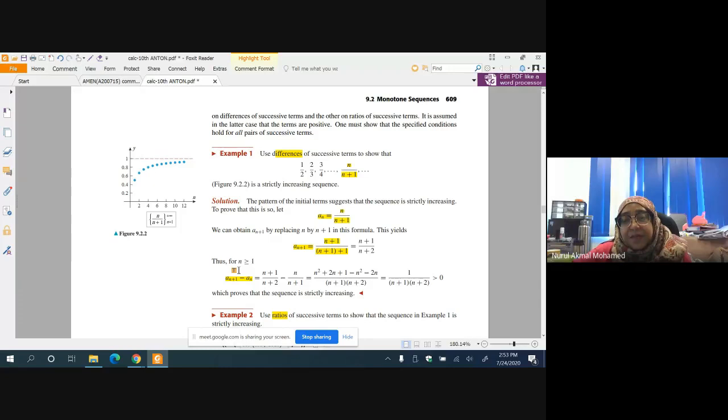It starts from 1, 2, 3, 4, and so on. If n is equal to 1, it will be 1+1 here, and this is 1+2, so 2 multiplied by 3, so 1/6. 1/6 is greater than 0. It will never be equal to 0.